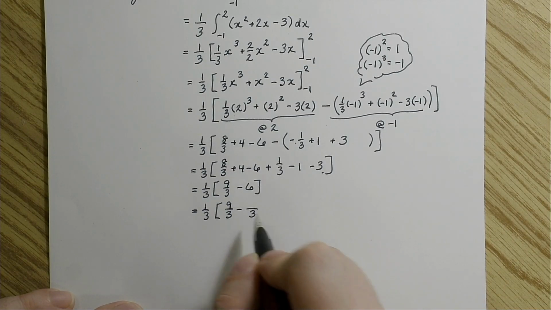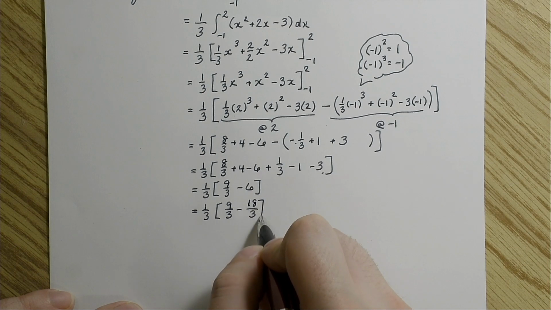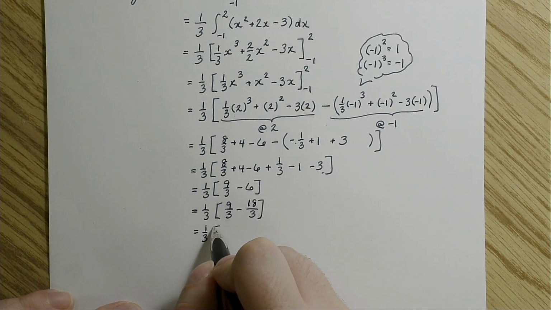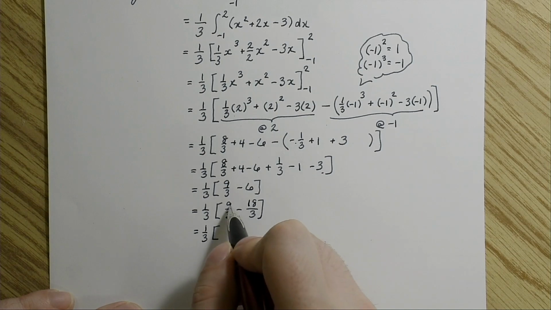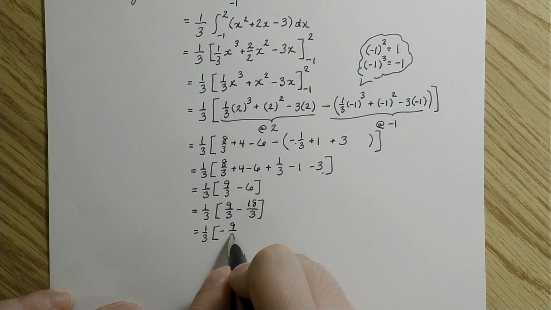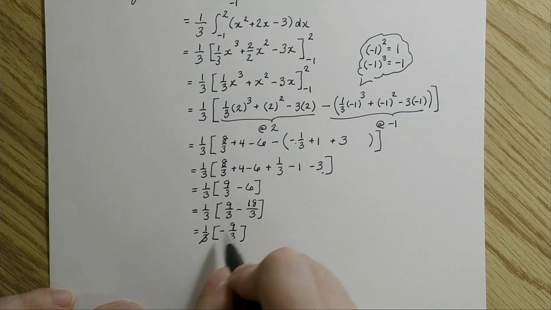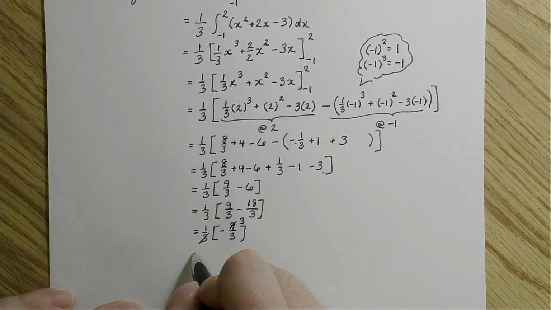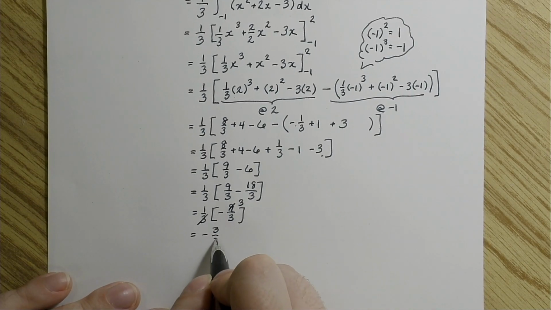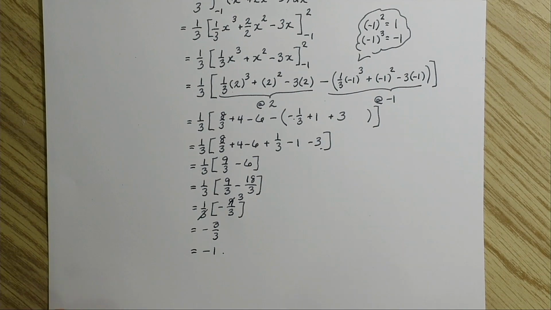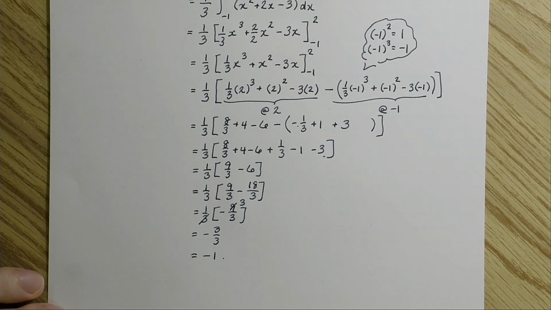So we'll write it over a common denominator. 6 times 3 is 18. 9 minus 18 is minus 9 over 3. The 3 goes into the 9 3 times, so I'm just left with minus 3 over 3, or minus 1. And that's what matches at the back of the book, so that's good.